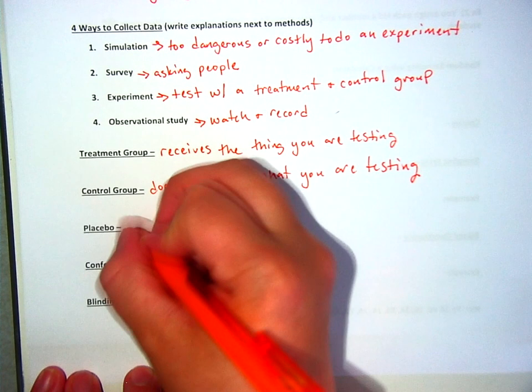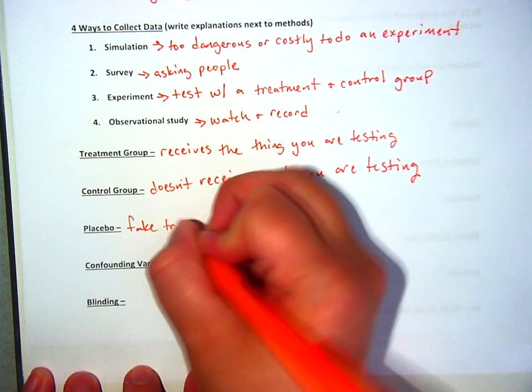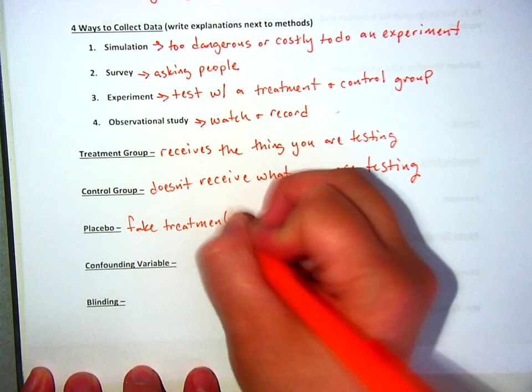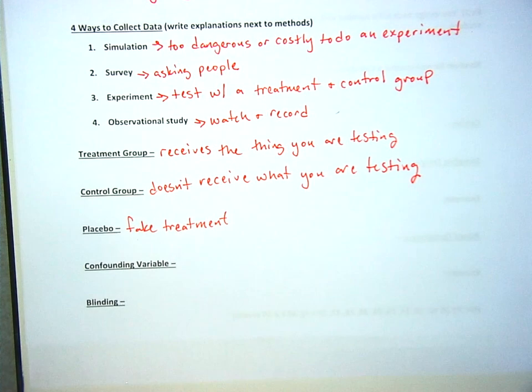A placebo is when somebody gets a fake treatment. The mind is a powerful thing. Sometimes just the act of taking a pill will make you feel better. And not just make you feel better, like if you're depressed or something like that. There will actually be physical changes in your body because you think that you're getting a treatment.